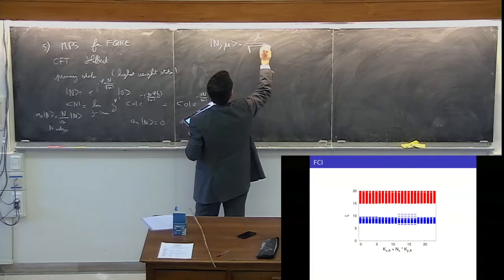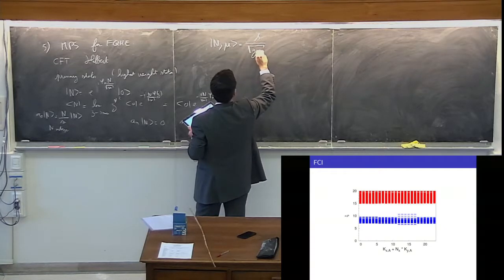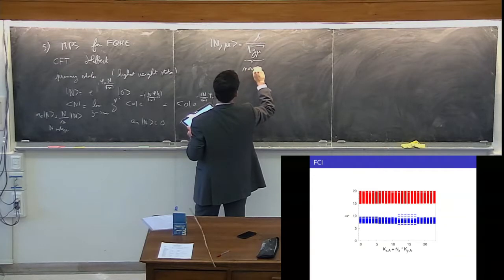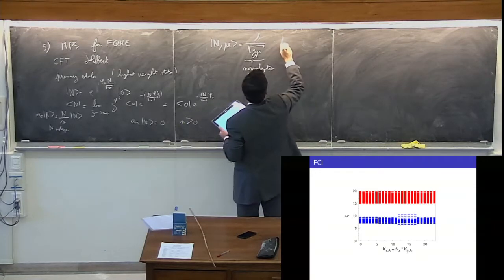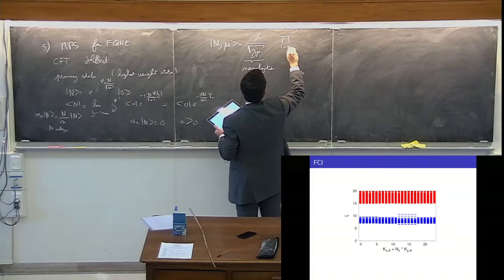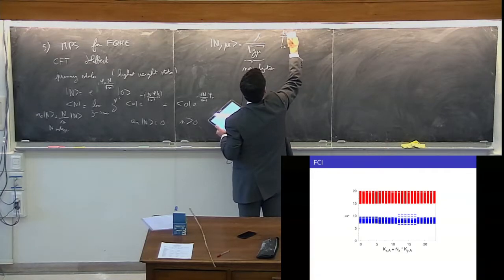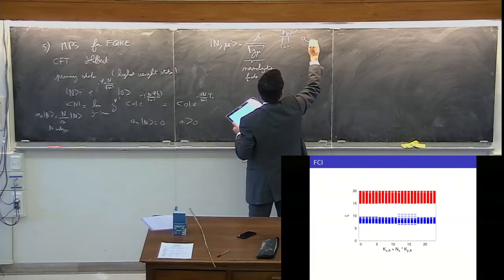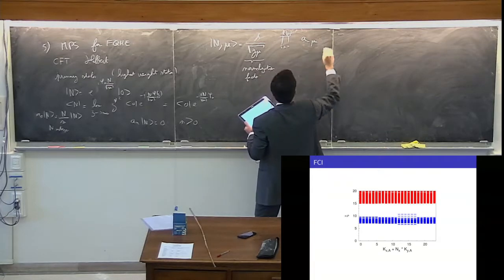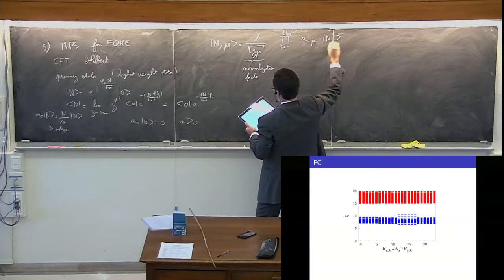So up to some normalization factor, z mu, right? It's just a product from E to L mu. I will give you the definition of this, of A mu I acting on the highest weight.